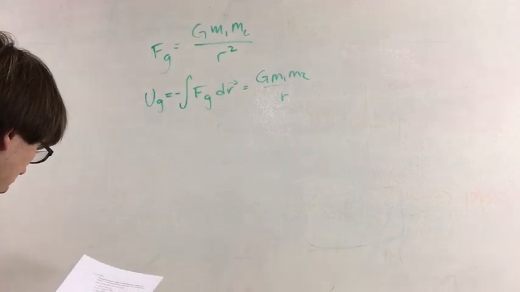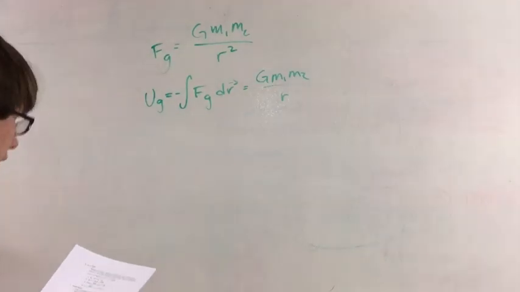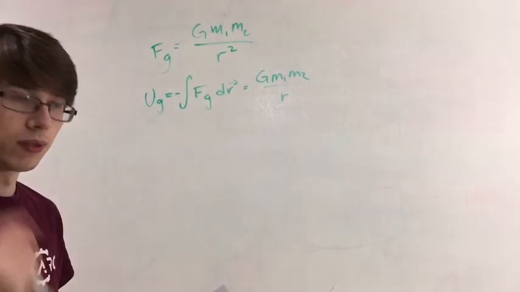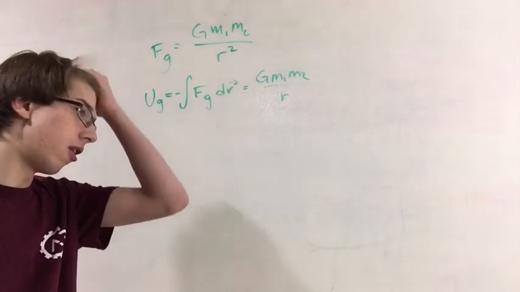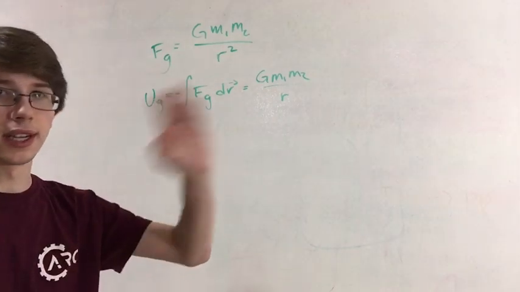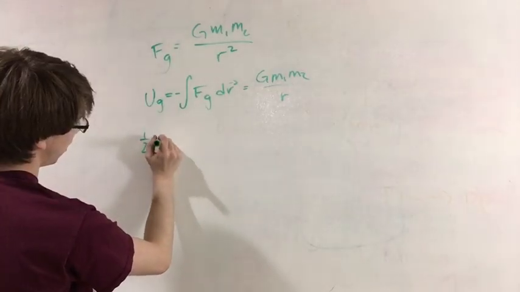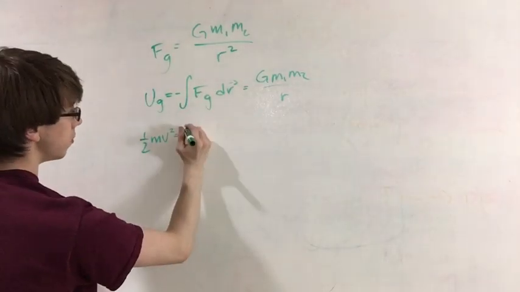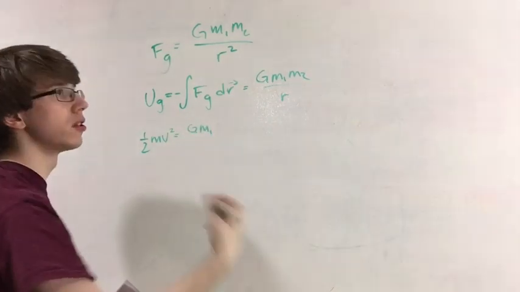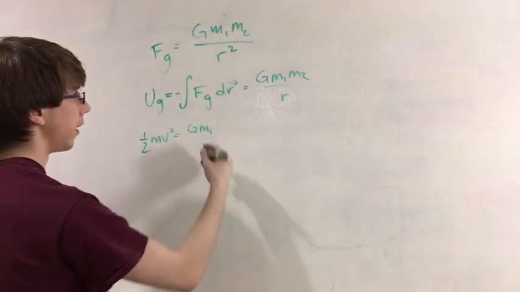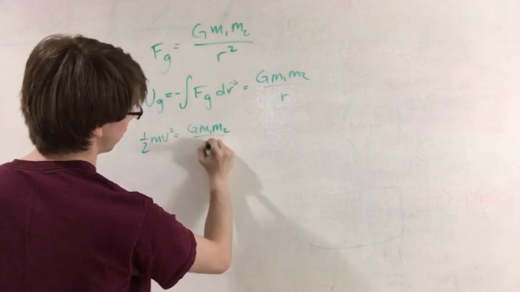Alright, then we know that escape velocity means when all of that potential energy is converted into kinetic energy, which means that you're infinitely far away. So 1/2 m v squared is equal to G, assuming that there was no kinetic energy in the system to start, over r.